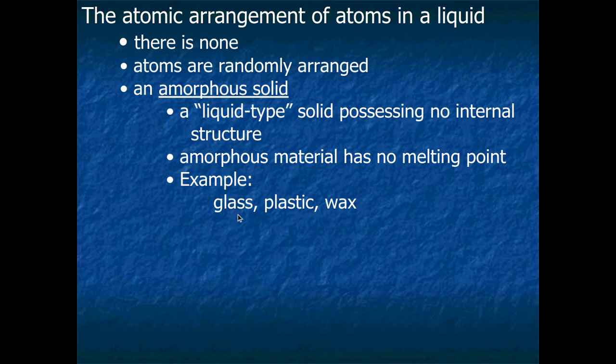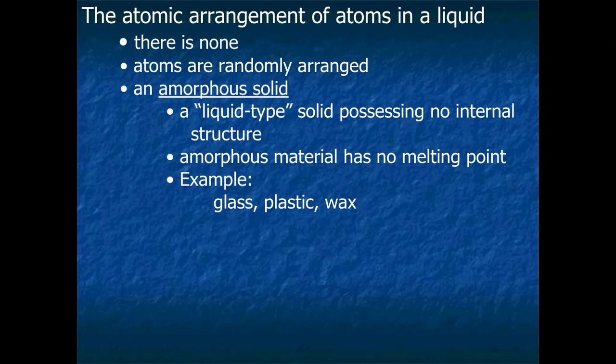What happens when you heat glass? When you heat glass, it really doesn't melt into a liquid, but instead it gets very gooey. And in fact, people who shape vases and glass blowing type folks depend on that behavior, depend on that amorphous nature of glass. Plastic is another amorphous type material.